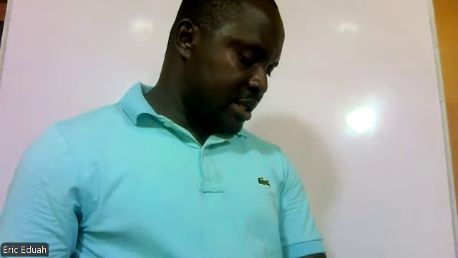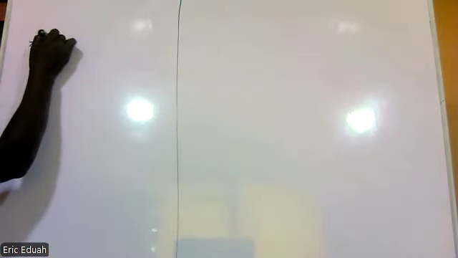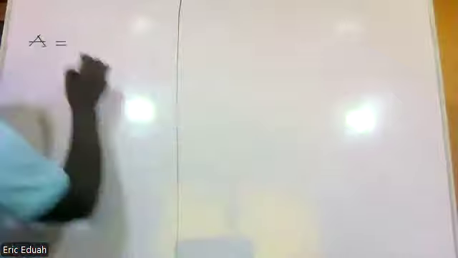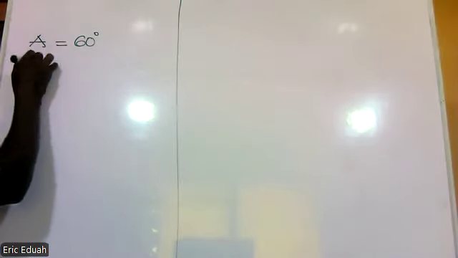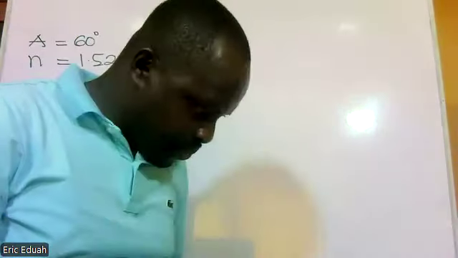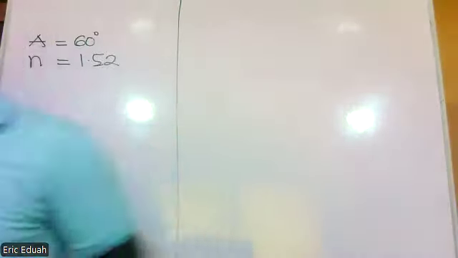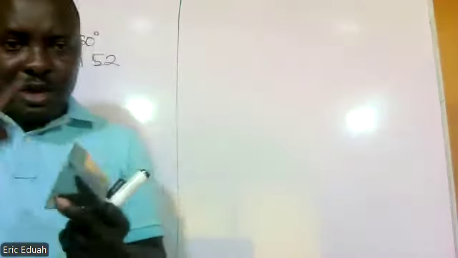So the first question, if in a prism A is equal to 60 and the refractive index is 1.52, so the angle of the prism A we are told is equal to 60. And then the refractive index is 1.52. Calculate the minimum deviation of a ray. So this question is similar to when I gave you the table to fill.